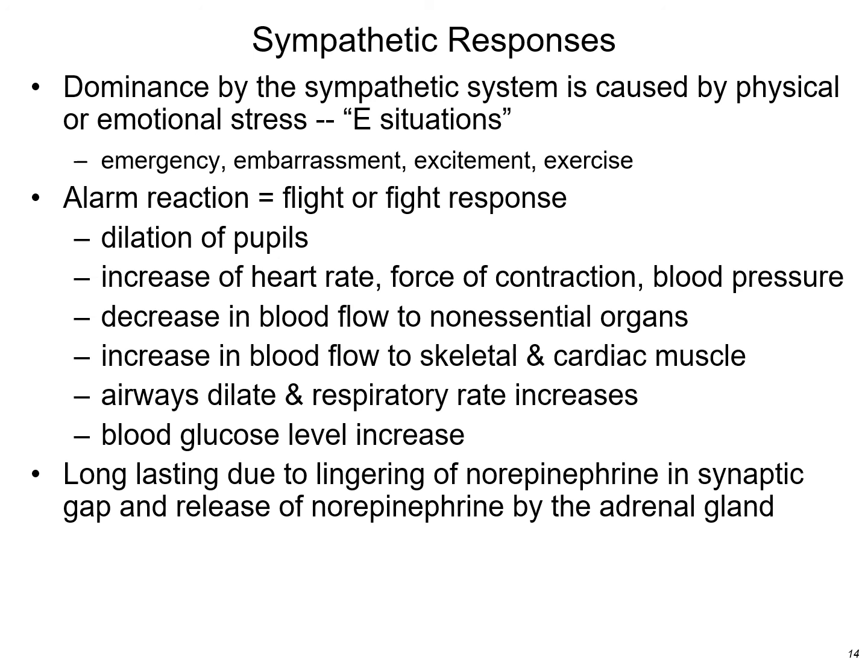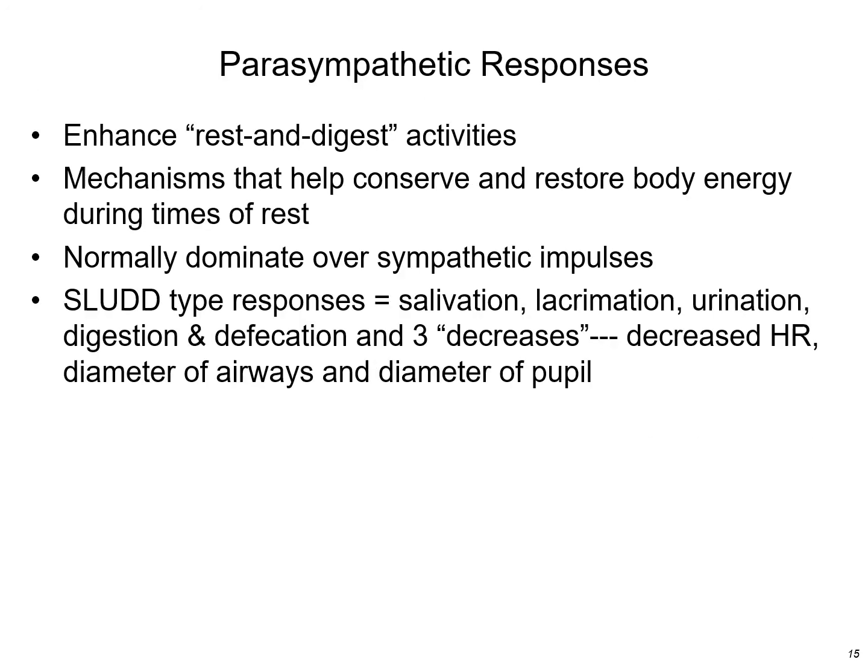So this is the end of the second part of chapter 15, and I'm going to stop here. We learned quite a bit about the autonomic nervous system. So most of our life is spent under the domination of the parasympathetic nerve impulses.